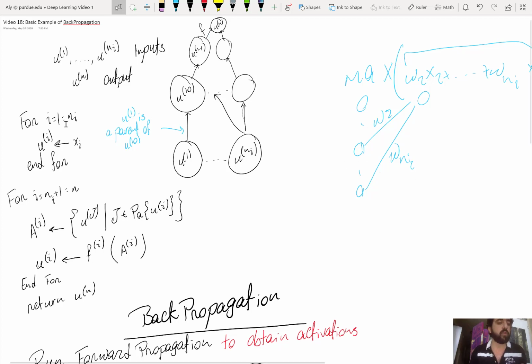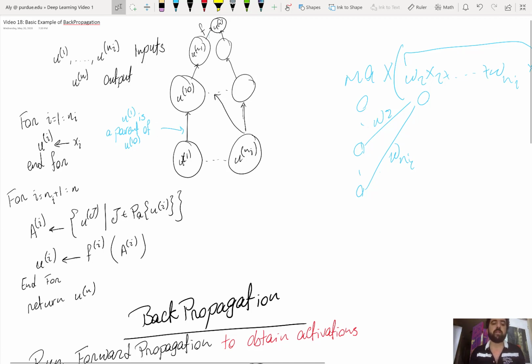And just to establish rigor in the notation, first we set the inputs to the neural network as the inputs of the computational graph, and there are only ni inputs. All the other vertices, ni plus 1 to n, are not inputs. For i equal to ni plus 1 to n, we set Ai as the set of nodes uj that are parents of ui in the computational graph.